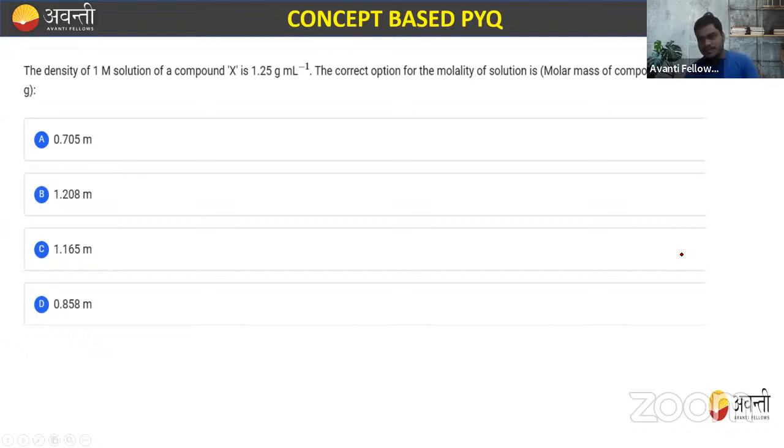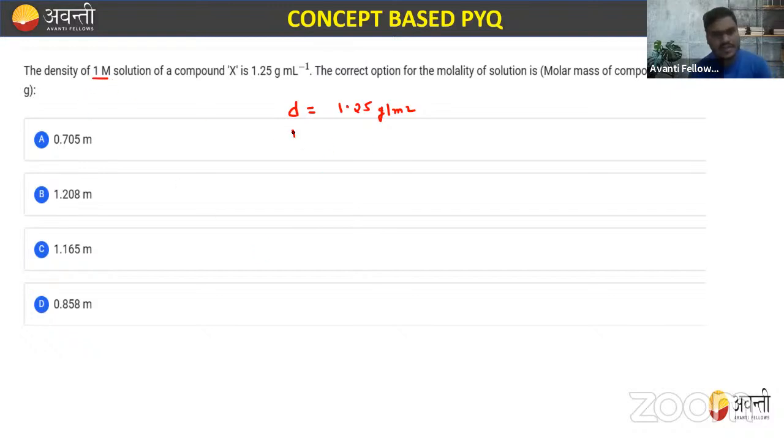No? No one? Chalo. I'll explain. Here again, the density is given, and density is 1.25 gram per milliliter. ठीक है? Now, the density of one molar solution.